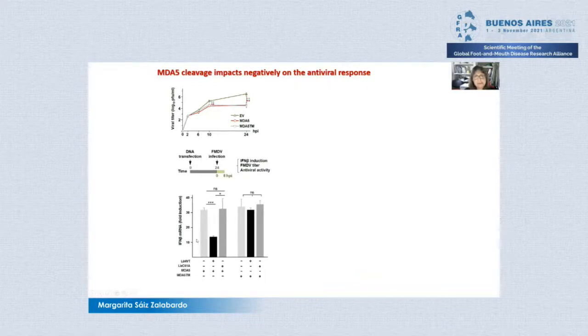And we show that only when the wild-type versions of both proteins were co-expressed, Lb and MDA5, a significant reduction in interferon beta induction was observed, unlike in the presence of any of the mutant proteins, MDA5, or the catalytically inactive mutants of Lb, or obviously both.